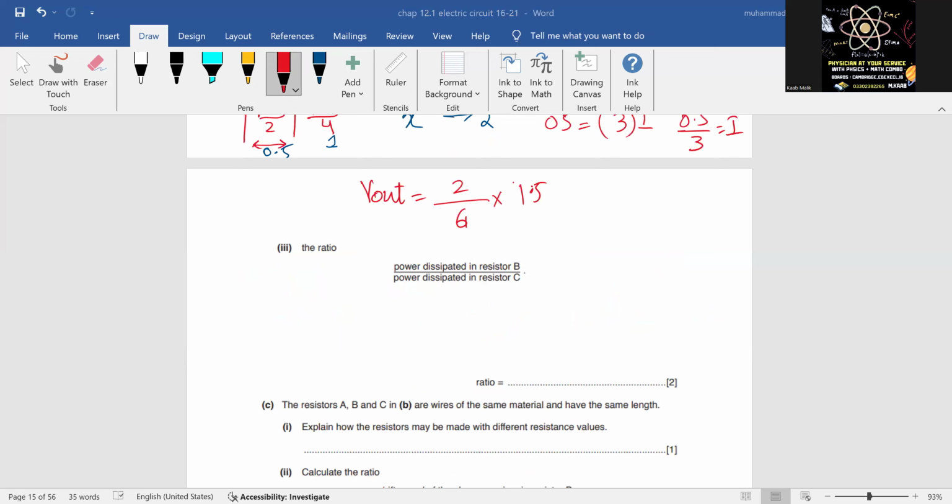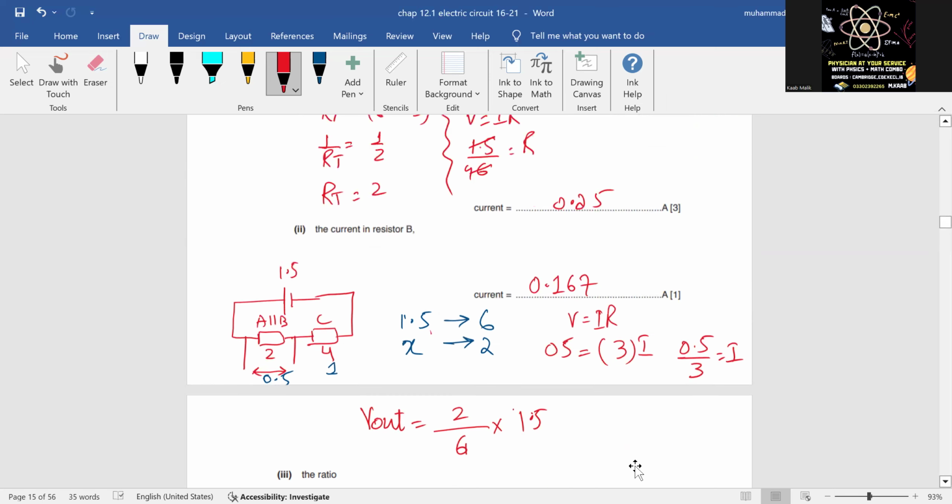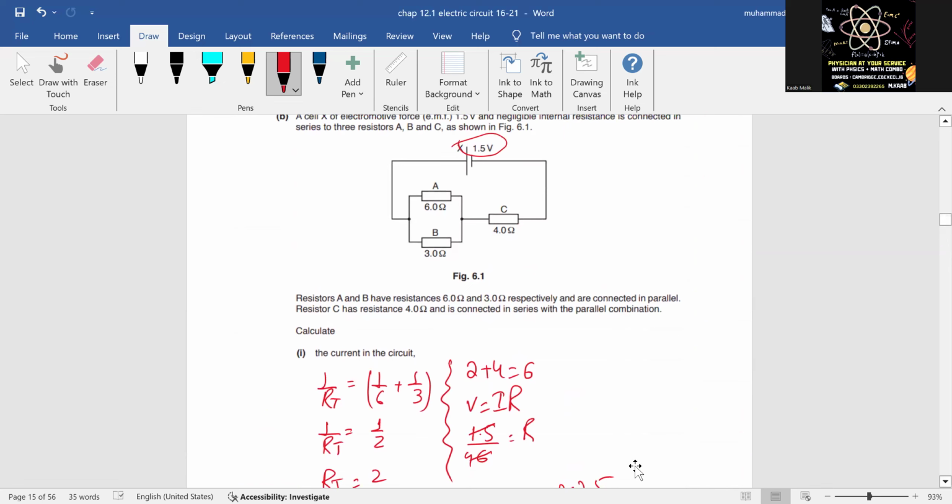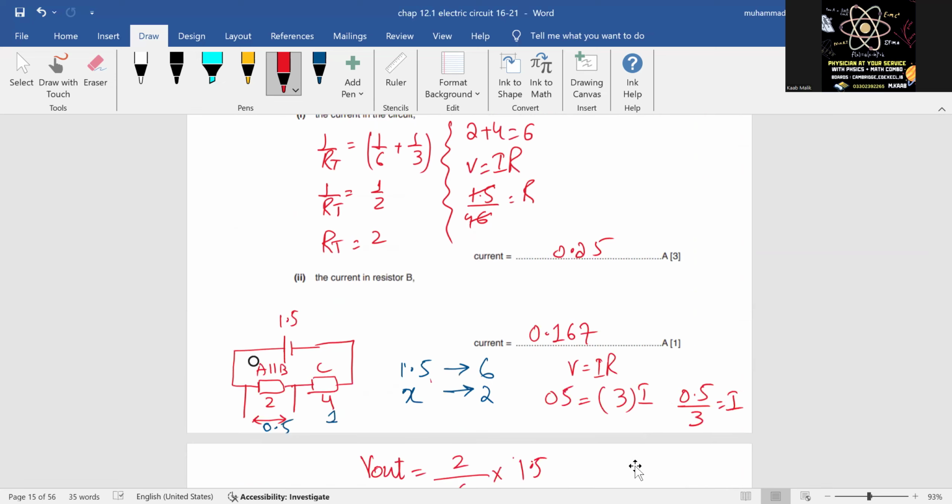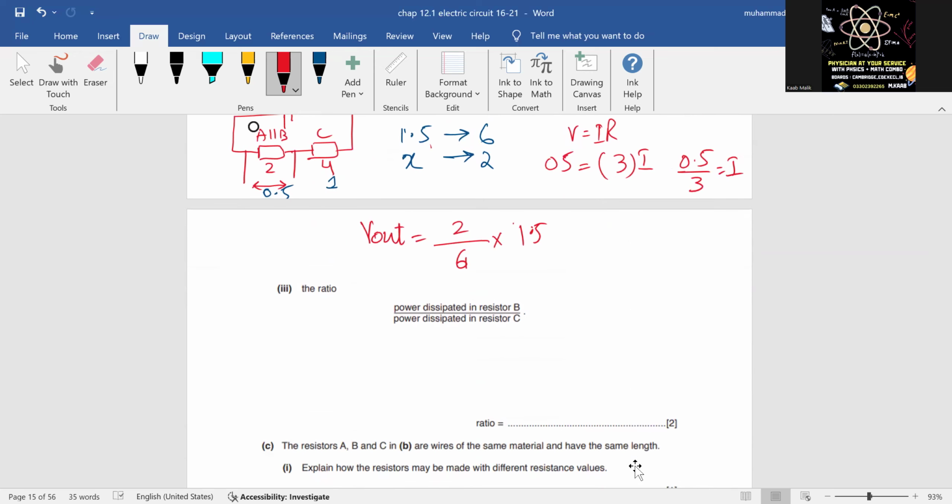The ratio of power dissipated in resistor B over power dissipated in resistor C. Okay, so power dissipated in B and C. So we can use a formula for power. Current and voltage both are different, right?